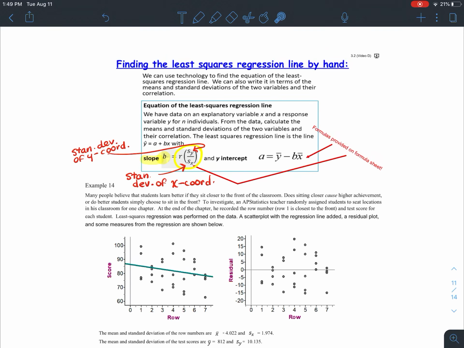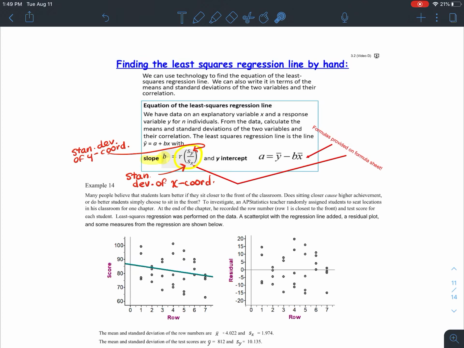So if you had your x's in L1 and your y values in L2 and you ran one variable stats on L1, whatever the standard deviation was for that would be your standard deviation of the x's. And if you ran one variable stats on the L2 column, the y's, whatever standard deviation came up for L2 would be the standard deviation of the y coordinates.